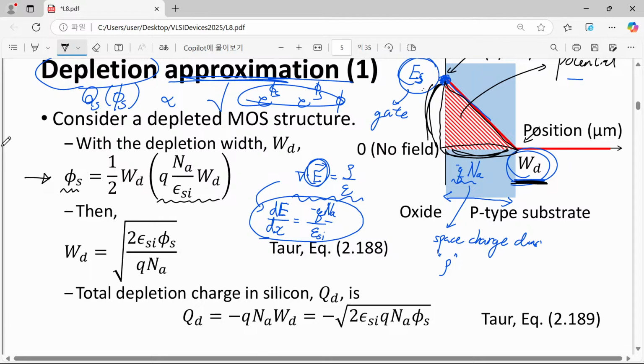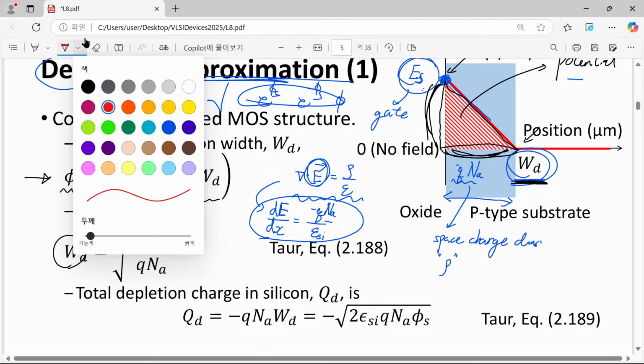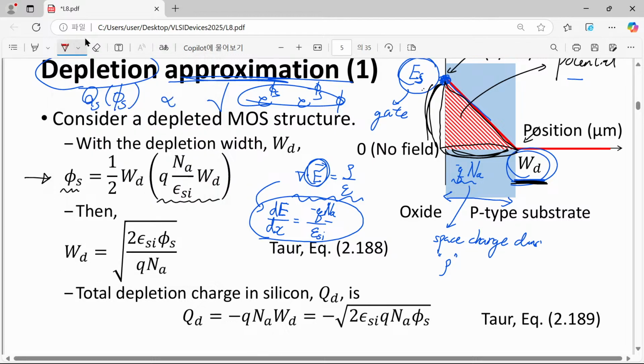So are you with me? Now you can see that the depletion layer thickness WD can be simply written as a square root function of the surface potential. It means that if we have high bending, corresponding to high surface potential, then the depletion width will increase.